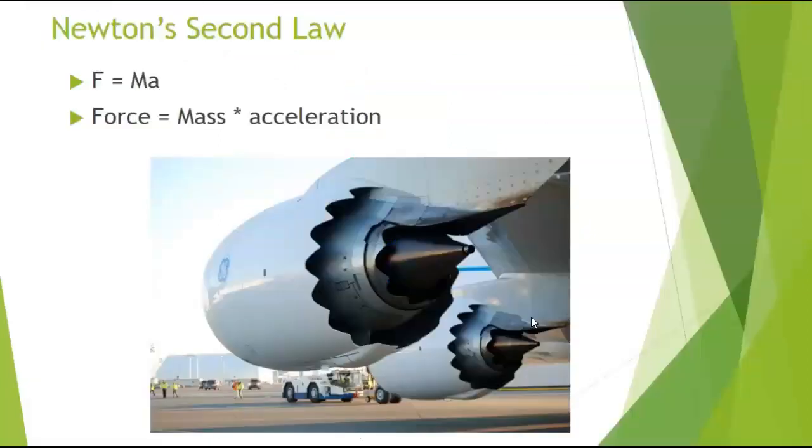As we discussed in the last presentation, Newton's second law states that force equals mass times acceleration. So the greater the mass, the more force is needed to accelerate a body. For example, a large aircraft.